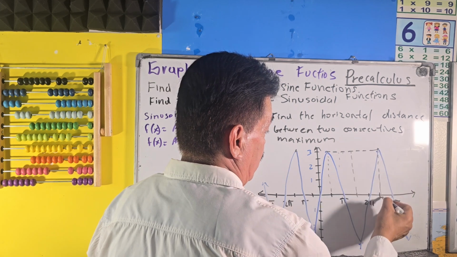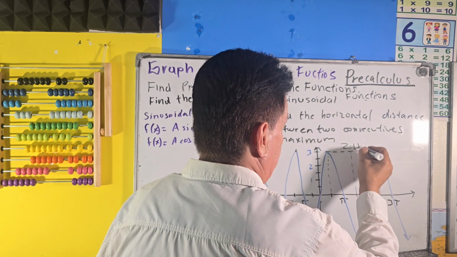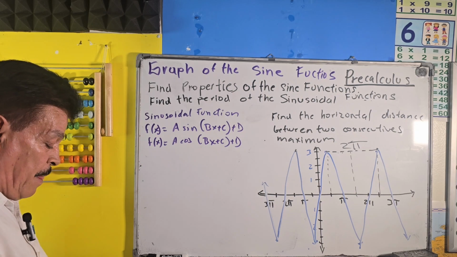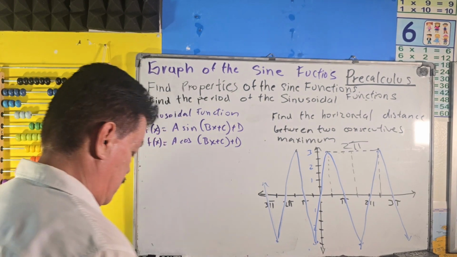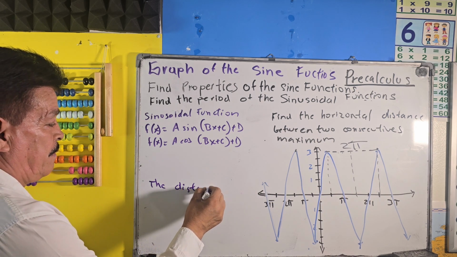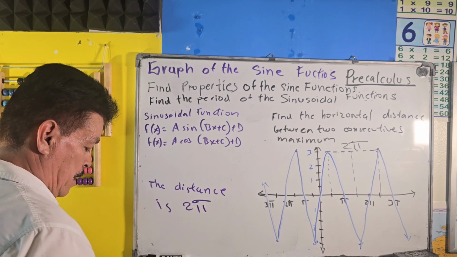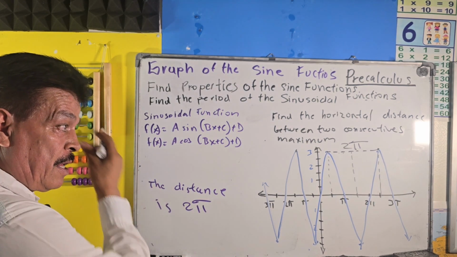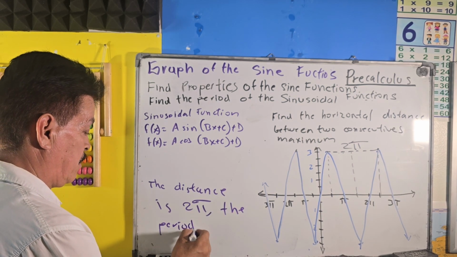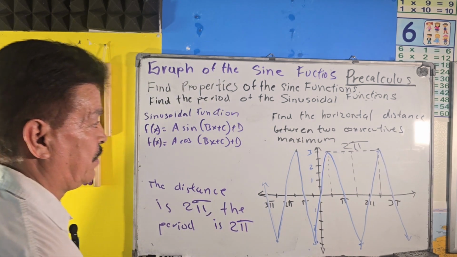So this distance is 2 pi. That's the answer. So the distance is 2 pi, and remember, the period is 2 pi. That's the period.